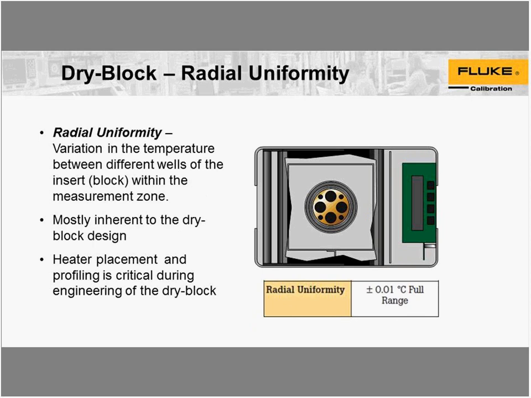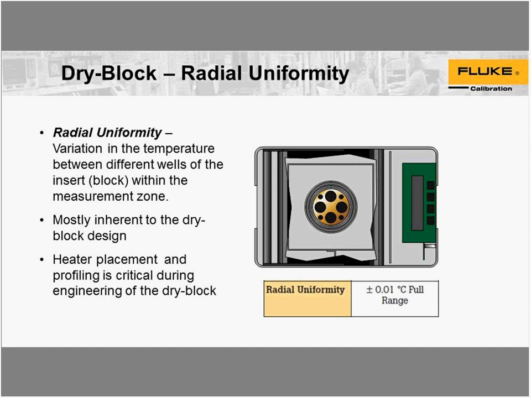All right. The next to consider is radial uniformity. This is also known as hole-to-hole. In most well designs, you're going to have a variety of holes. Some are fixed within the block, and some are variable within the insert. And depending upon the dry block design, these are going to vary.